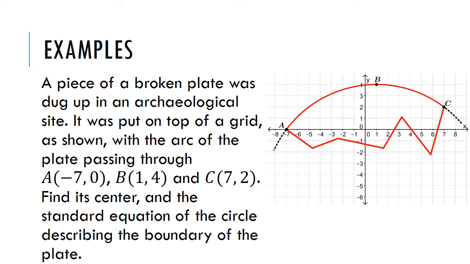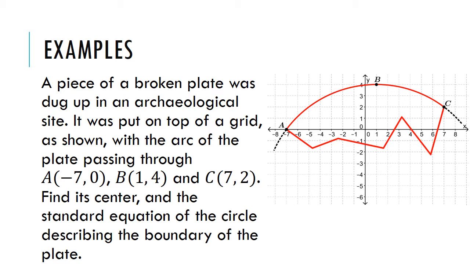We are tasked to find the center and the standard equation of the circle describing the boundary of the plate. So what that means is, if the plate is formed by a circle, we are asked where its center is and what the standard equation is.